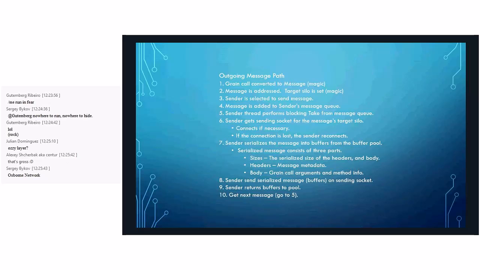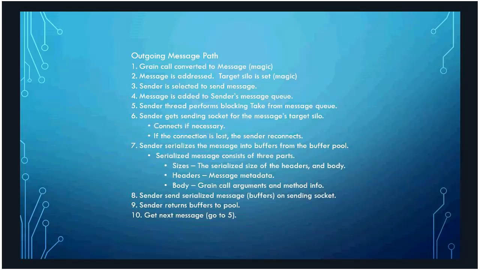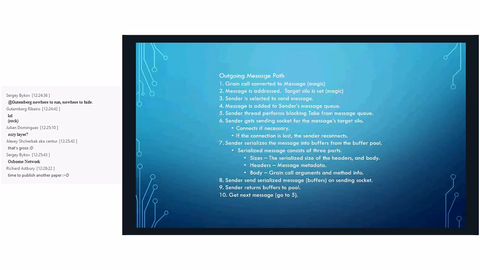After it has a socket to the target silo, it will serialize the data in the message. And the messages in our networking right now have basically two components. They have a set of headers, which is metadata about the message, and a body, which mainly consists of the arguments from the grain call and the method information. Both the header and the body are variable size.